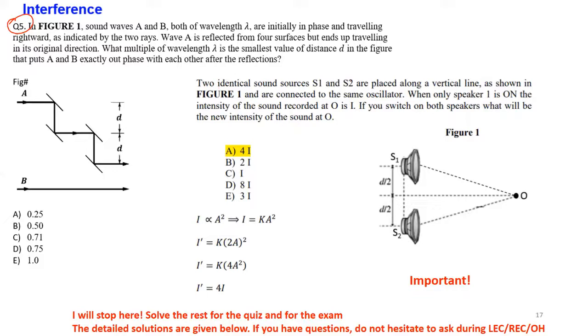We have 2 identical sound sources, S1 and S2, that are placed along the vertical line, as shown in figure 1. They are connected to the same oscillator, so they emit sound waves that are identical and in phase. When only speaker 1 is on, the intensity found at O is I. If you switch both speakers on, what is the new intensity found at O?